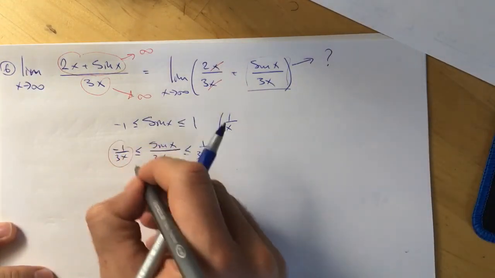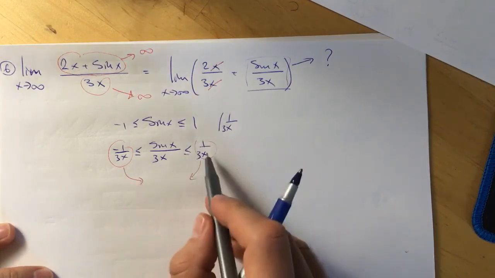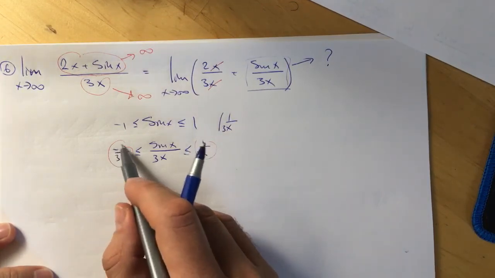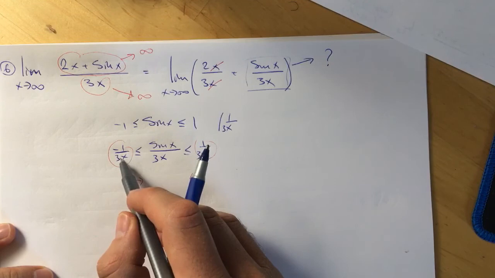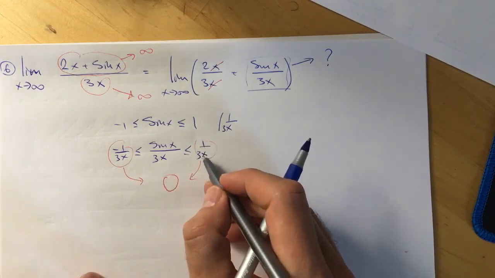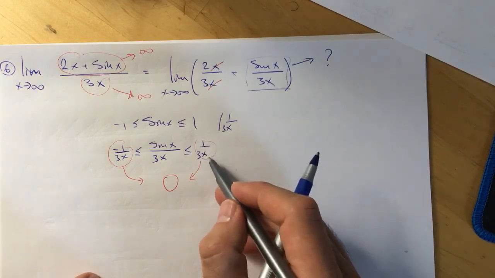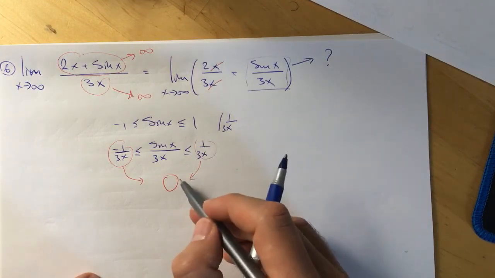But now send x towards infinity. This here, negative 1 divided by something that goes to infinity, will be 0. And 1 over 3x as x goes to infinity, that means the numerator stays at 1, the denominator becomes infinitely big, their ratio is going to go to 0.